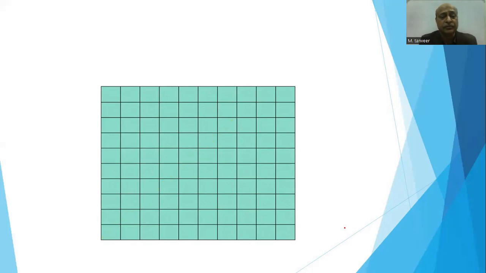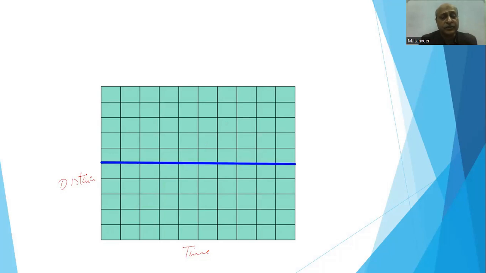And when a body is moving with uniform speed, then the distance time graph will be in this shape. I will summarize all this. This is the time and this is the distance. When a body is in state of rest, then the graph will be in this shape.